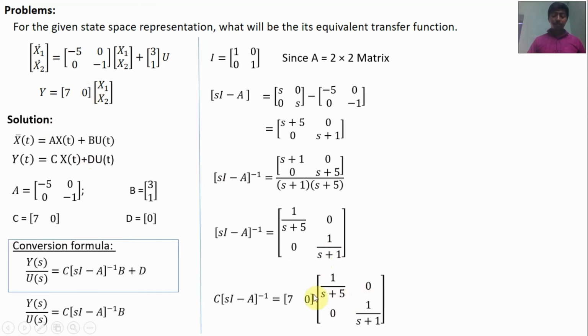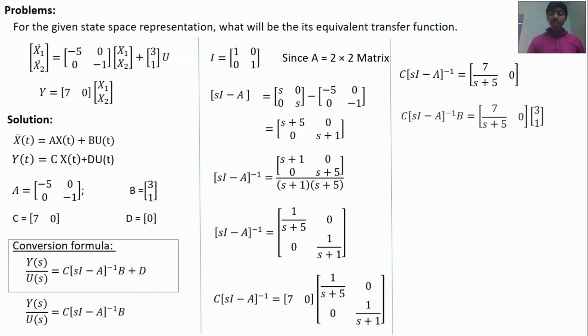Just multiply 7 into this plus 0 into this, and for the next column, 7 into this plus 0 into this. So we get 7 by s plus 5 plus 0, and 7 into 0 plus 0, we get 0. This is C times (sI minus A) inverse. It's just matrix multiplication.